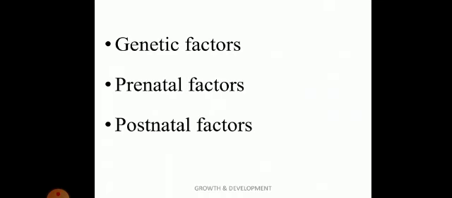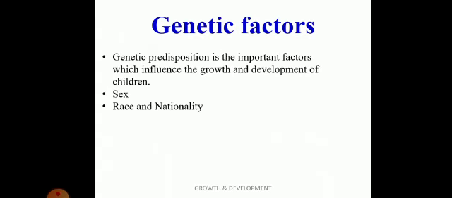Prenatal factors are the factors present in the mother before the birth of the child, during pregnancy. Postnatal means the child is already delivered, after birth. So prenatal is before birth, postnatal is after birth, and genetic is related to family history.